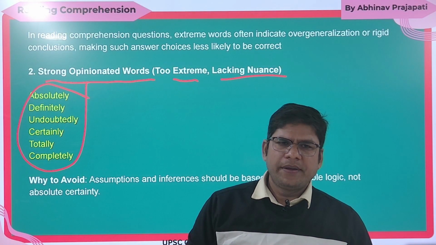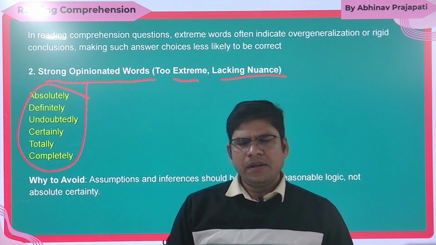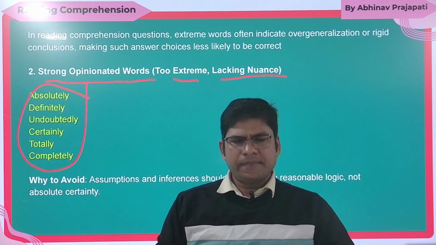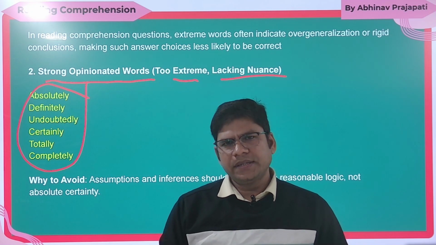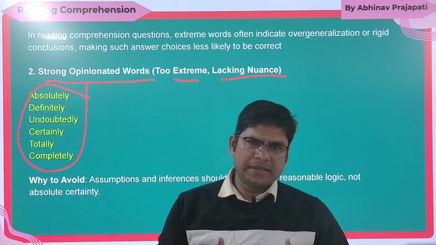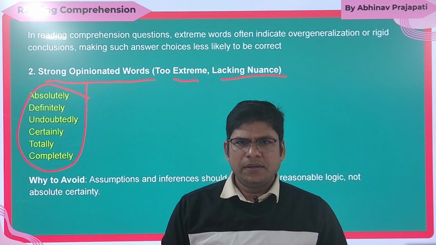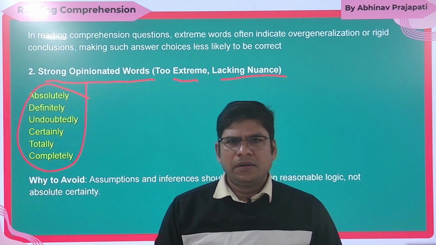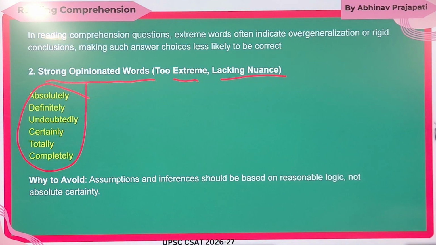If I say that you will be able to qualify your CSAT paper only when you attend my classes, what kind of statement is that? I'm using "only", a compulsive thing, and this is not so. So these types of words should be avoided.